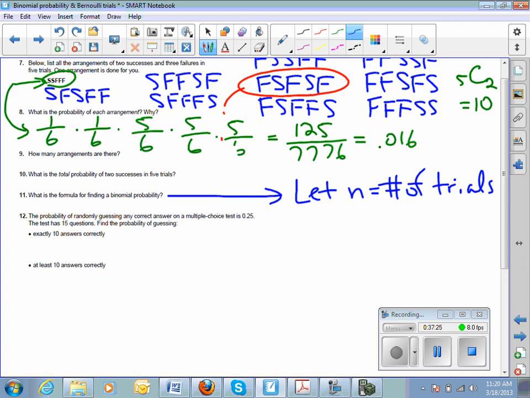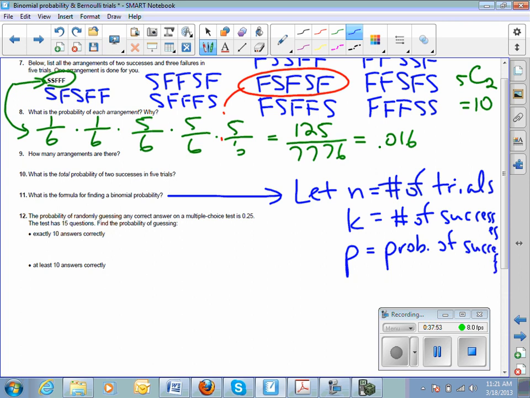In the example that we just did, it was 5, because we were doing 5 at a time. K is the number of successes. P equals the probability of success. And Q is the probability of failure.